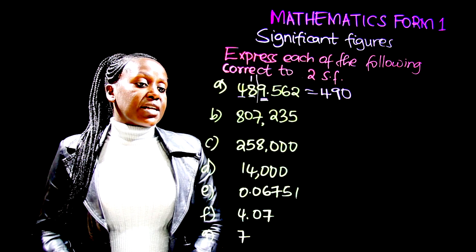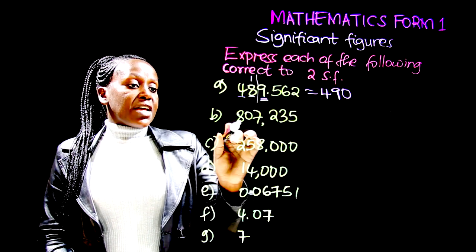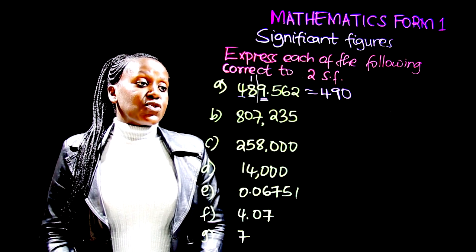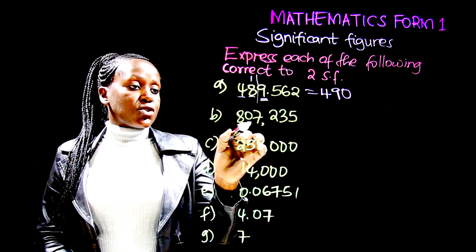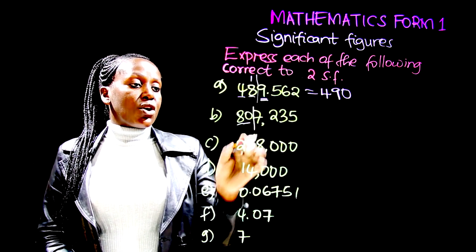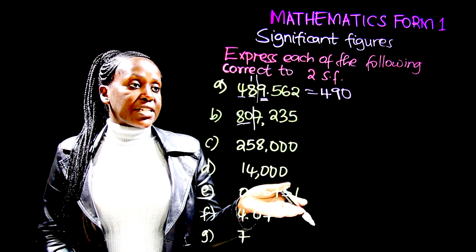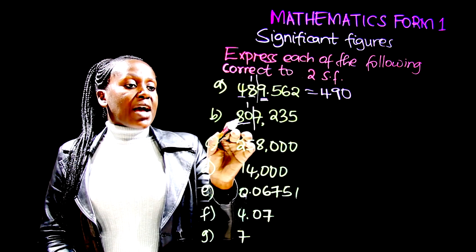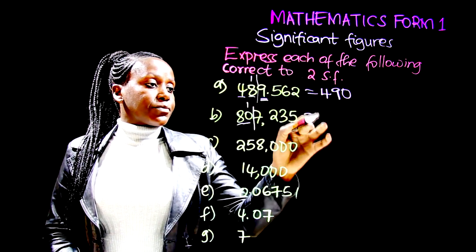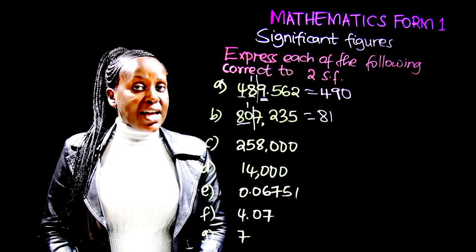Let us look at example 2. We have 807,235. So we count 1, 2, put a stroke. Looking at 7, it's greater than 5, so we add 1 here. So this becomes 81. But can we leave it at that?